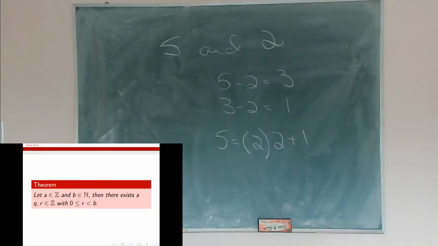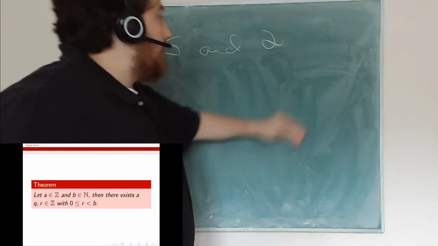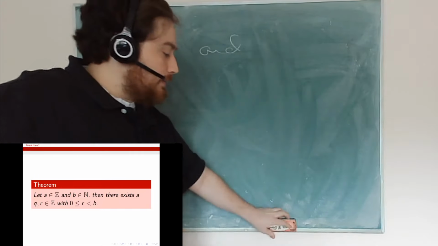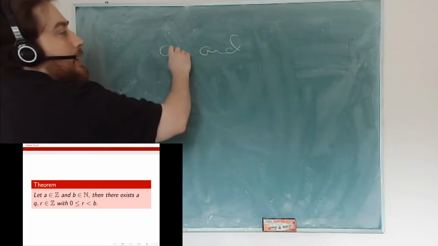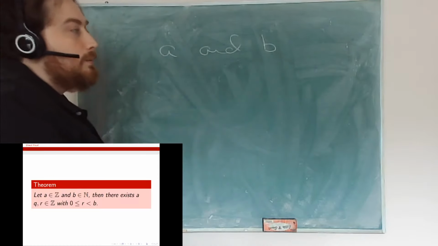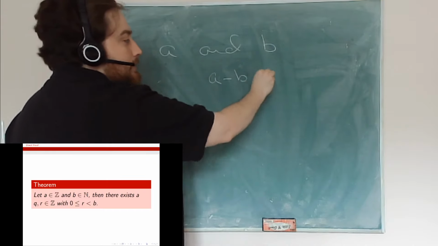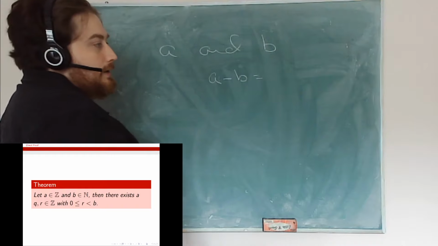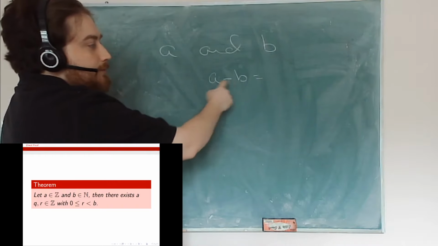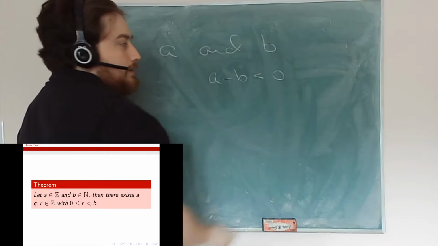In general, we want to think about how we would take any number a and divide by a number b. Let's say I have a and I want to divide by b. I can follow the same process and subtract b from a. Now, if b is bigger than a, this is negative.